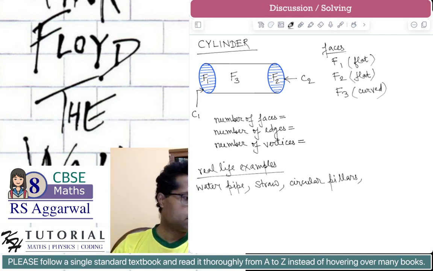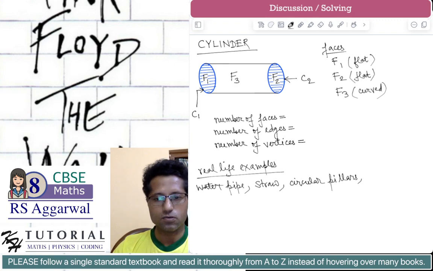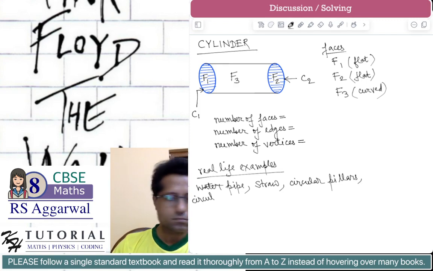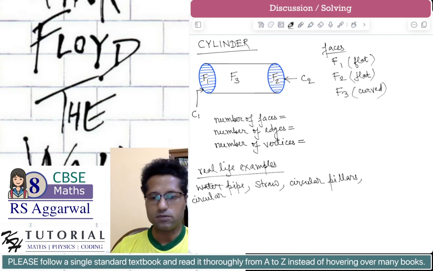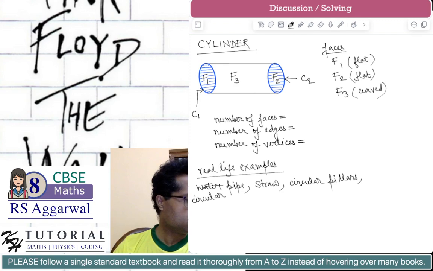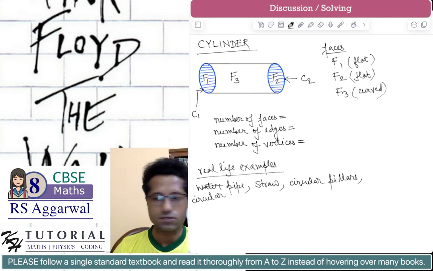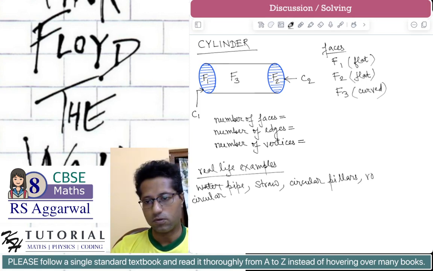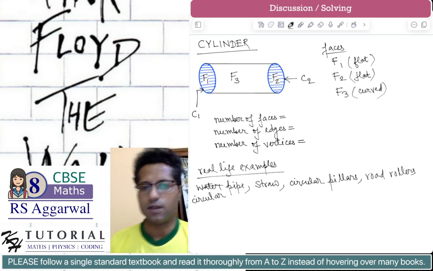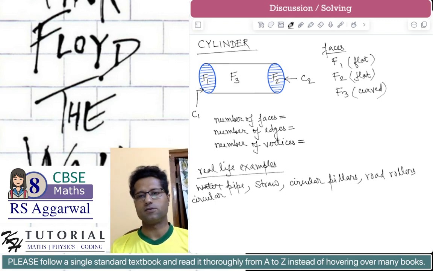Actually these are known as circular pipes, not water pipes. Circular pipes, straw, I am not sure whether a straw is a good example or not, but circular pillars, circular pencils, measuring jars, and road rollers. Road roller is a good example. So these are some real life objects that have a shape like a cylinder.